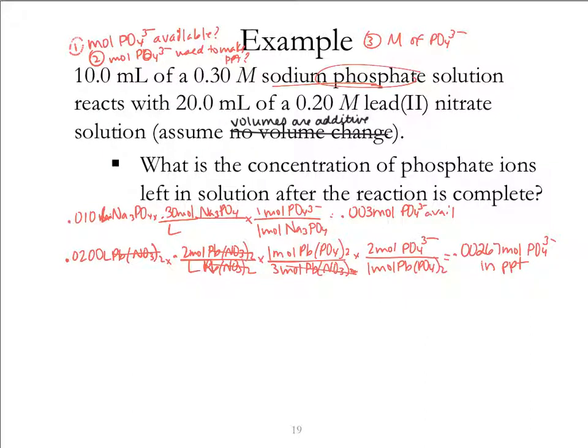Okay, so we had 0.003 moles available. We used 0.00267 moles. So we can calculate how much is left floating around that did not get put into that precipitate by subtraction.